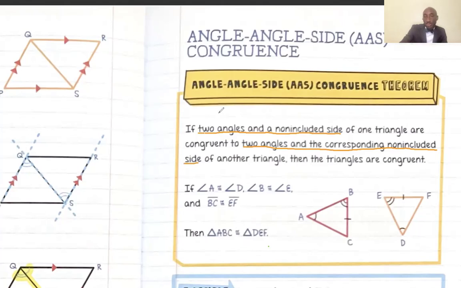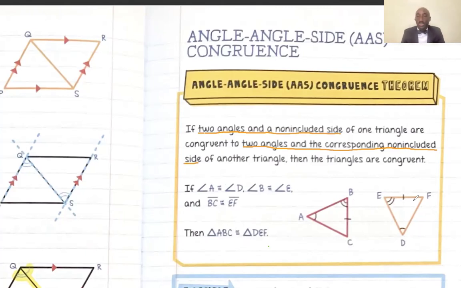So if you look here with A, B, C and D, E, F: if angle A is congruent to angle D, angle B is congruent to angle E, and BC is congruent to EF, then ABC is congruent to DEF. Notice it goes around one after another: A to B to the side BC, D to E to the side EF.